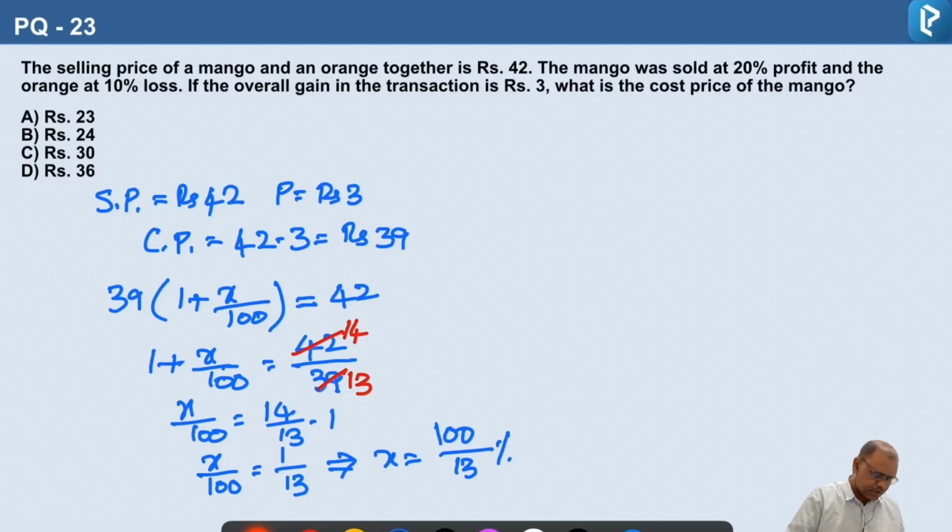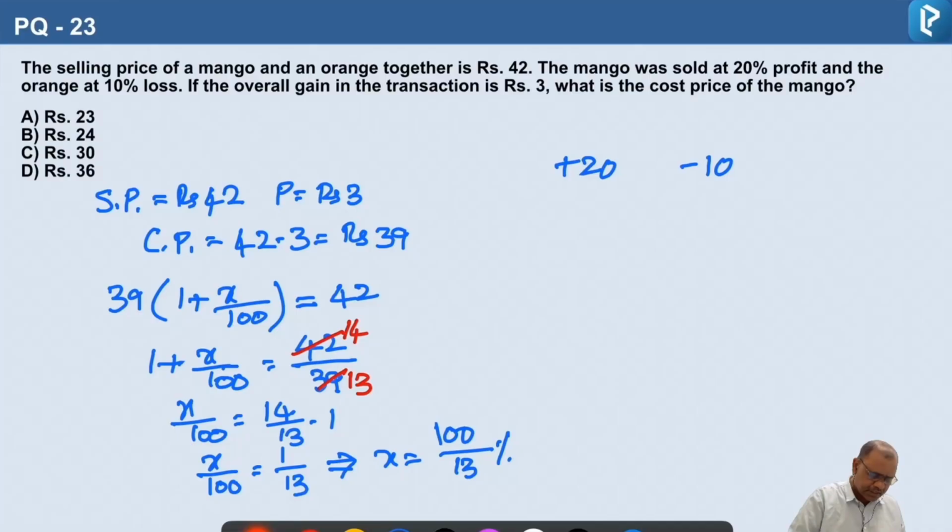Now let us draw the alligation. In the case of mango, there is a profit of 20%, and in the case of orange, there is a loss of 10%. Profit we take as positive and loss as negative.